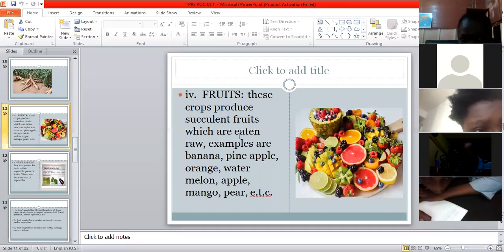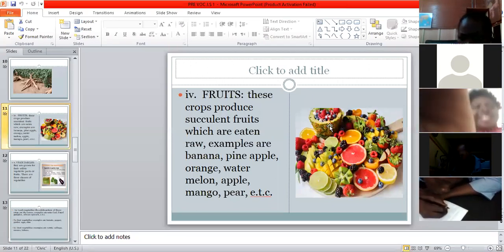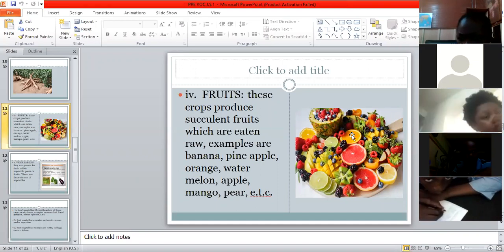From my picture, by the side of the note, you can see some fruits cut open. There's pineapple, orange, grape, apple, strawberry, and some other fruits there.